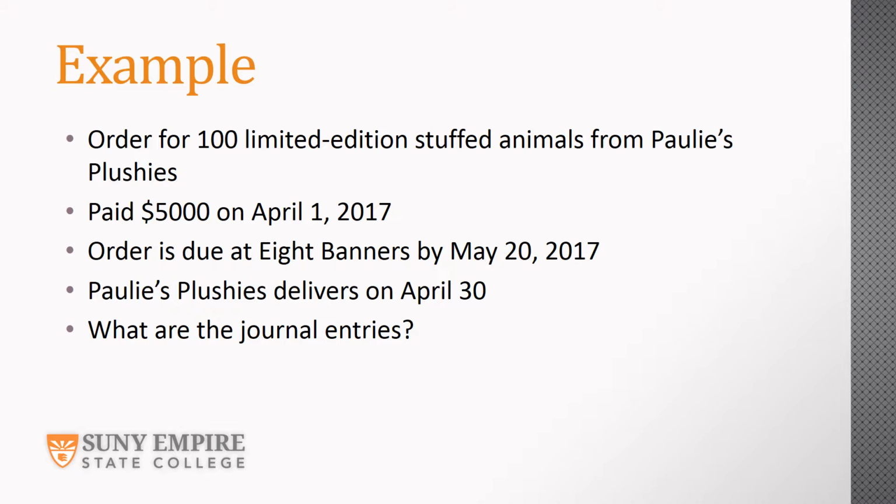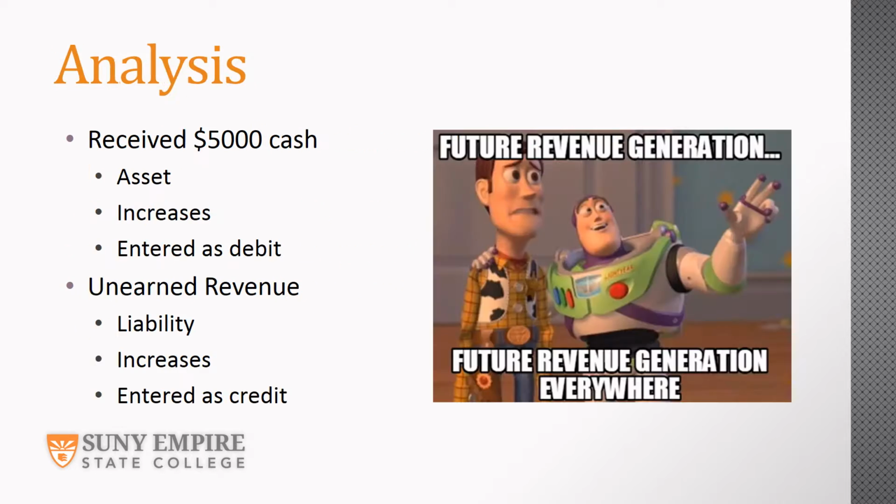The order is to be filled by May 20th, as 8 Banners wants to ensure the toys are in stock in plenty of time for the beginning of their season. Polly's Plushies actually fills the order and delivers on April 30th. How would Polly account for the initial transaction, and what adjusting entry is needed for April 30th?